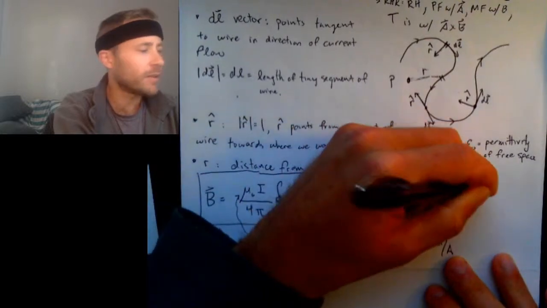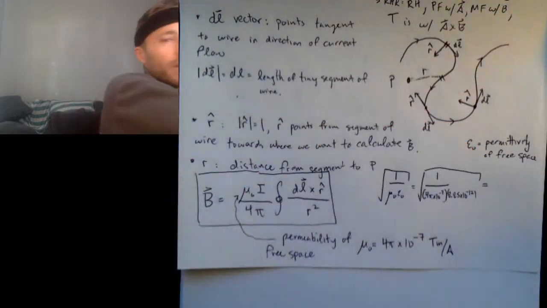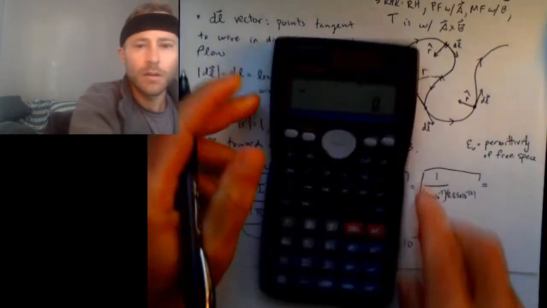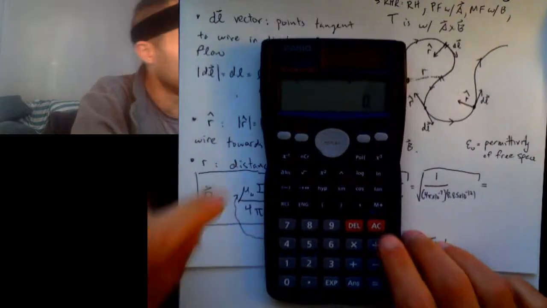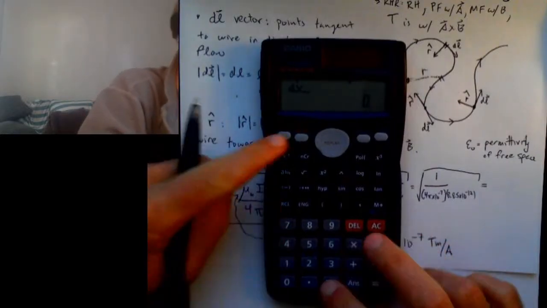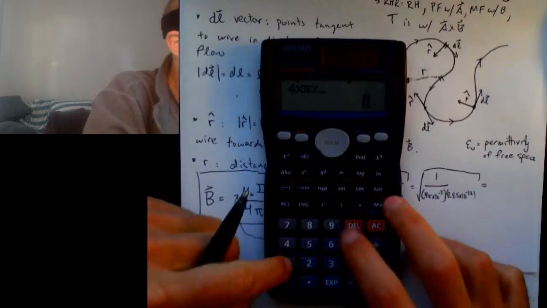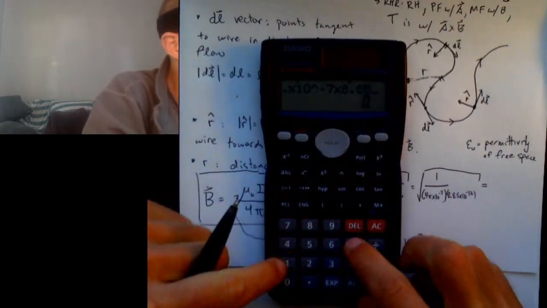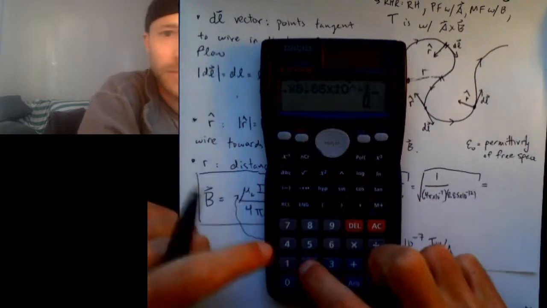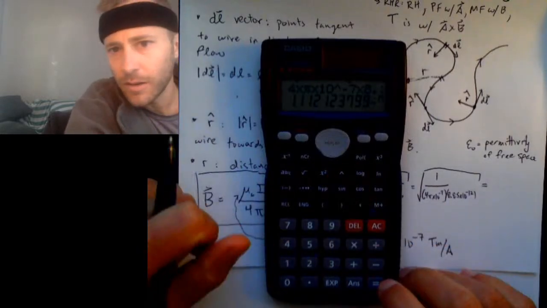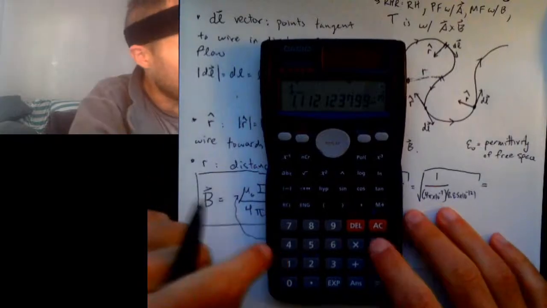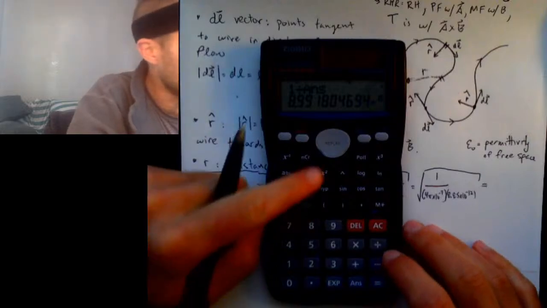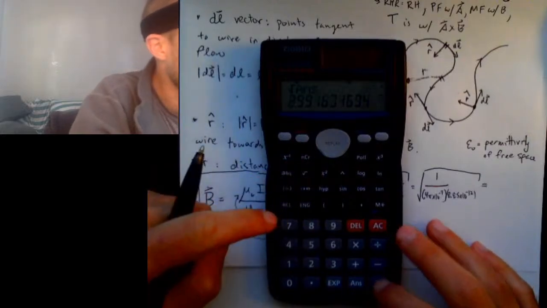Took the square root of that. So let's see what happens if I plug that into my calculator. So I've got 4 times pi times 10 to the minus 7 times 8.85 times 10 to the minus 12. Okay, now I have to do 1 over that, and then I have to do the square root of that.